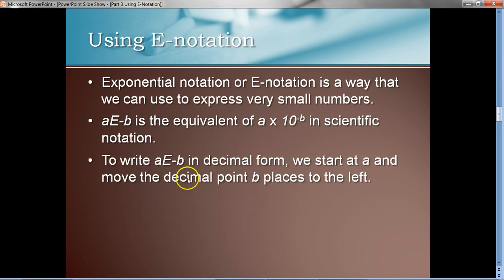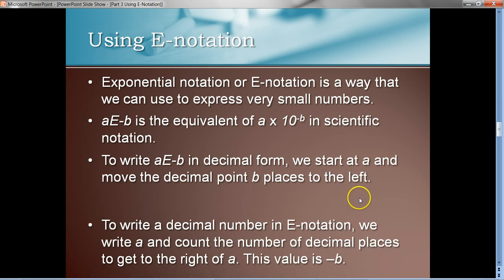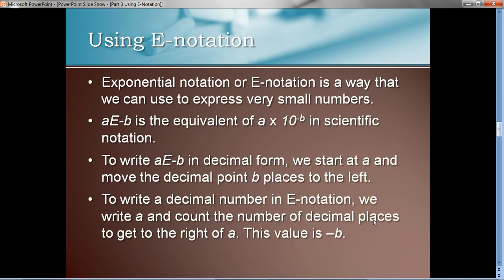To write E to the minus B in decimal form, we start at A, to the right of A, so to speak, and move the decimal point B places to the left. That makes the number smaller. To write a decimal number in E notation, we write A and then count the number of decimal places to get to the right of A. That's the value of negative B that we'll use.